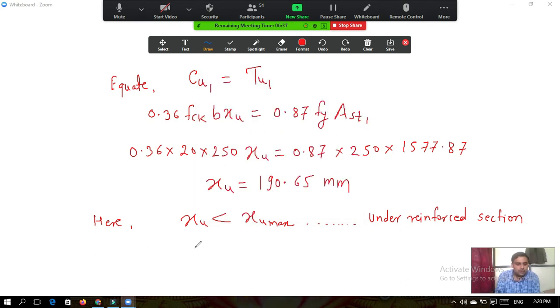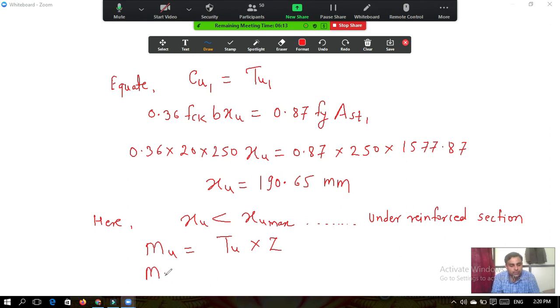So here now to calculate the MU, if the section is under-reinforced, we are going to use the formula TU into Z. Okay, TU into Z. But as it is a doubly reinforced section, this is not singly reinforced section, so you will get two terms. Okay, TU1, TU2, ZU1, ZU2.